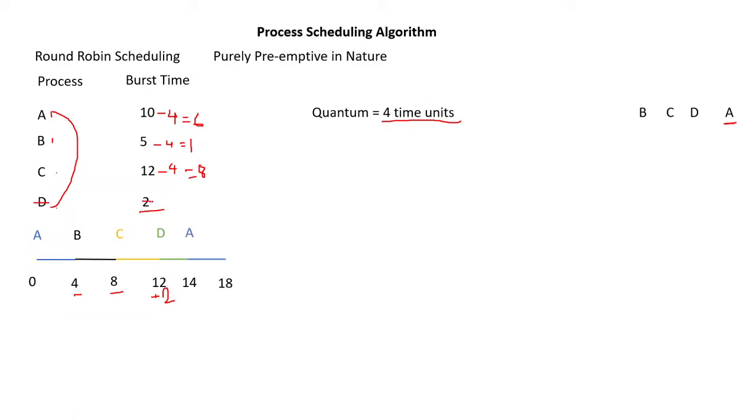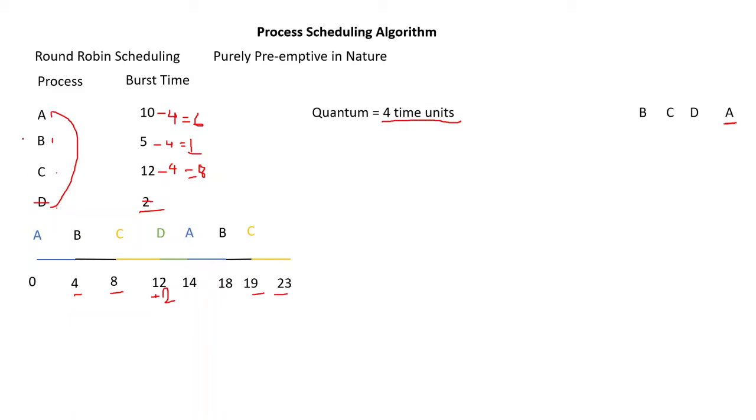So A executes from time point 14 to time point 18. Since B is left with just 1 time quantum, B will be executing at time point 18 to 19. Then C will be introduced. So C executes from 19 to 23.